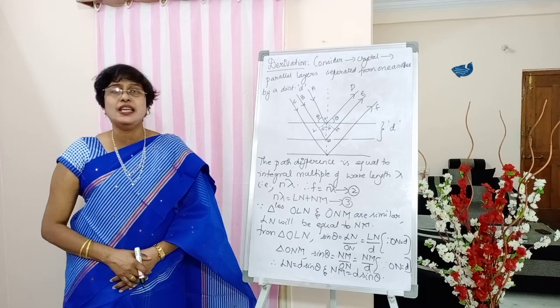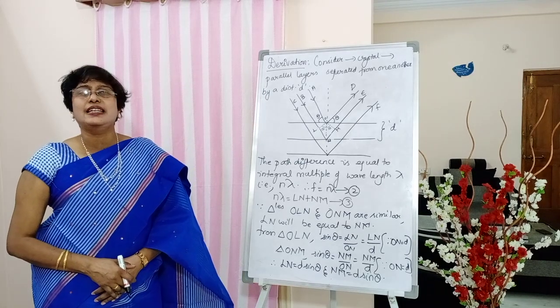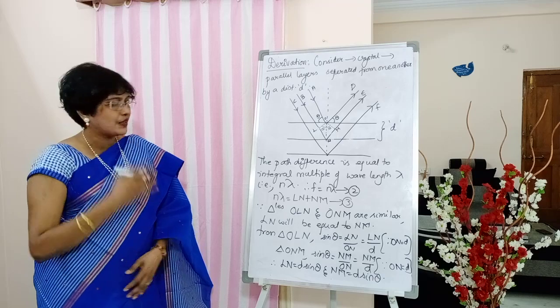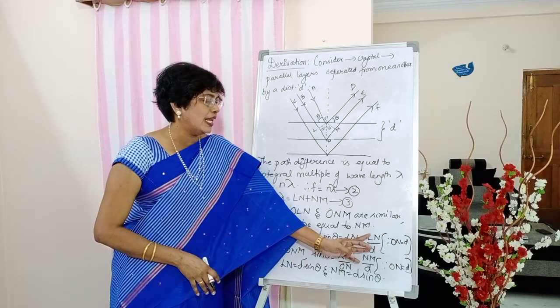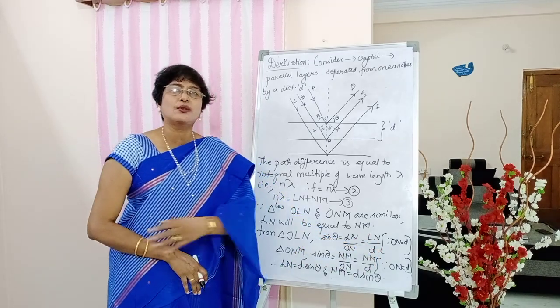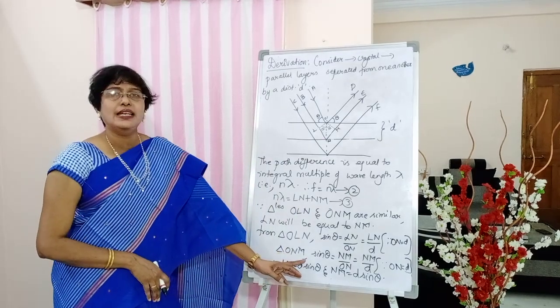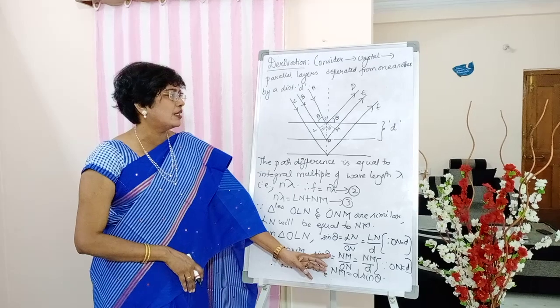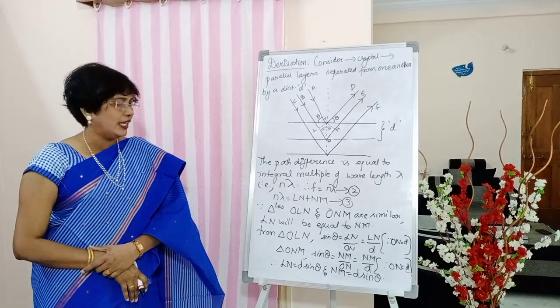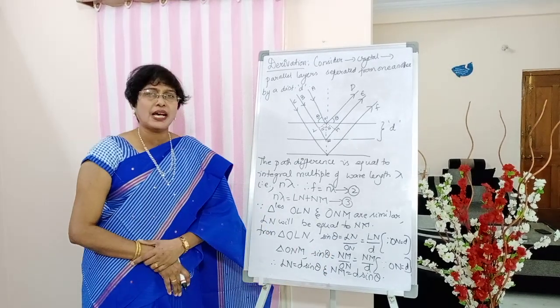Because the distance between two layers we considered as small letter d. Brackets, you can write since ON is equal to d. Next, from triangle ONM, sin theta is equal to NM by ON, which is equal to NM by d.